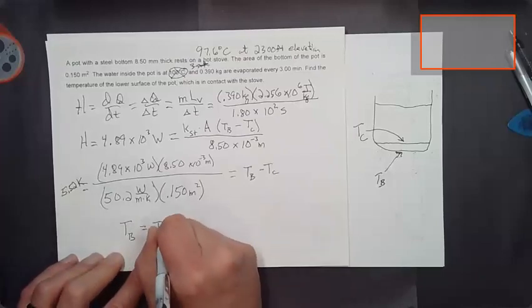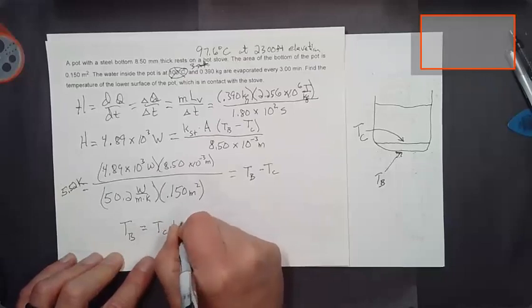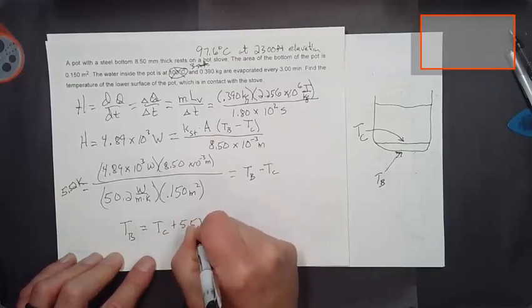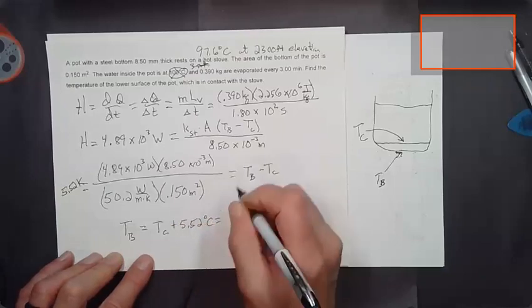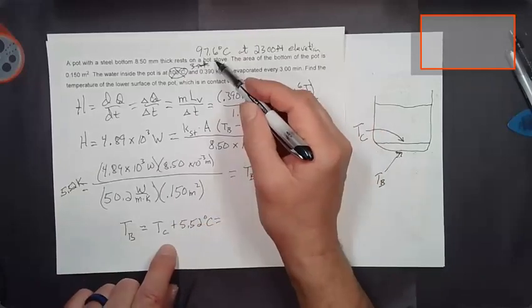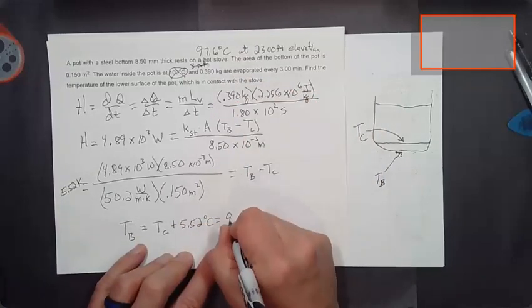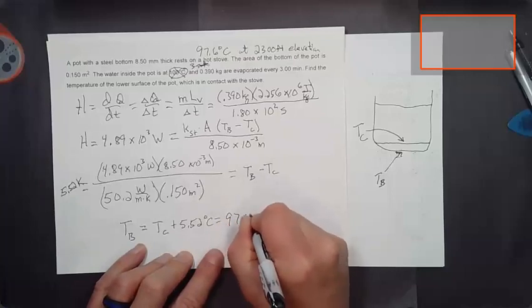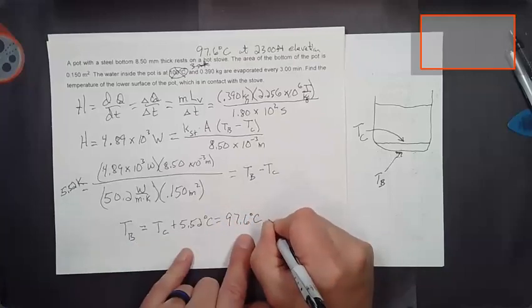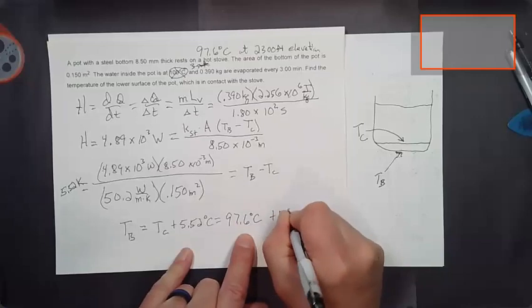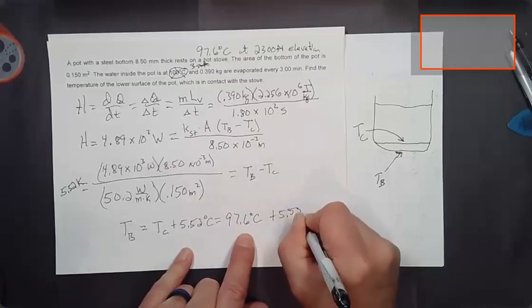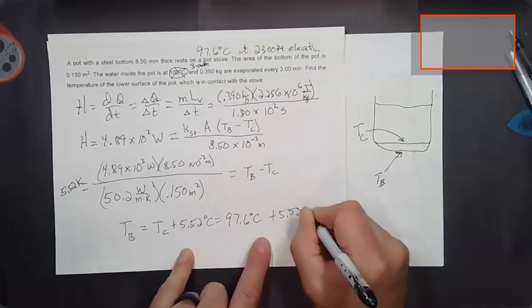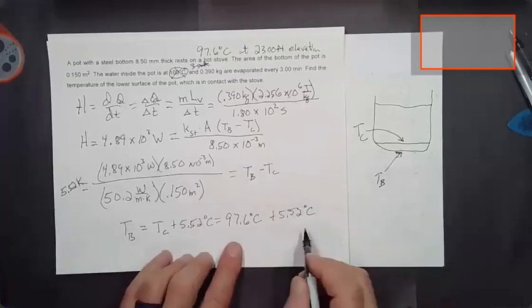So that will equal TC plus 5.52 degrees Celsius, and the cool temperature was 97.6 degrees Celsius plus 5.52, and we're going to lose a sig fig when I add it together.